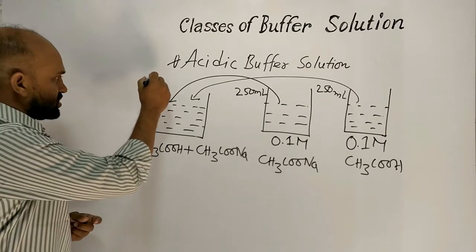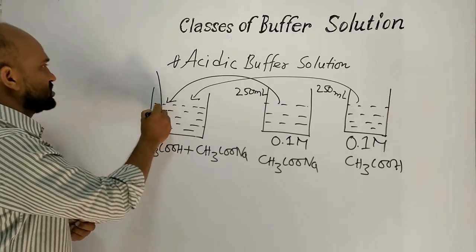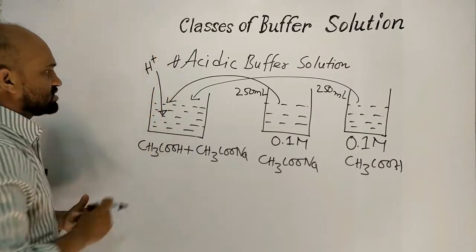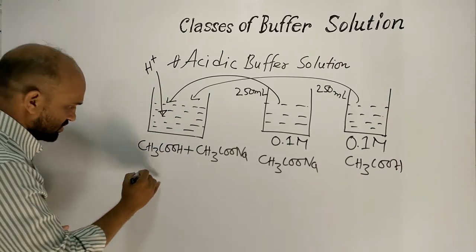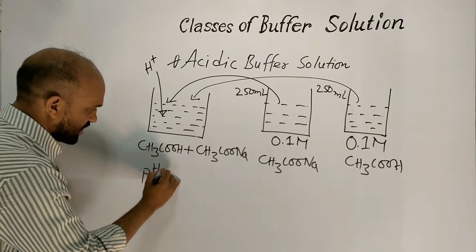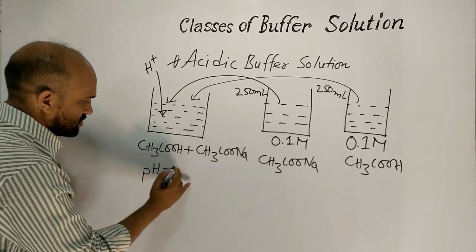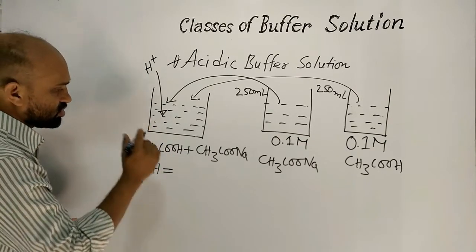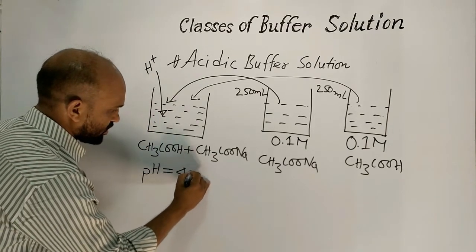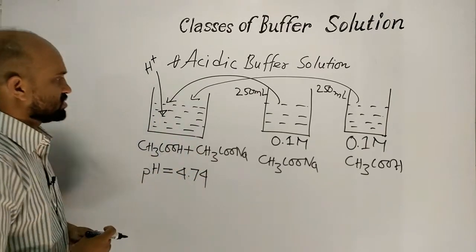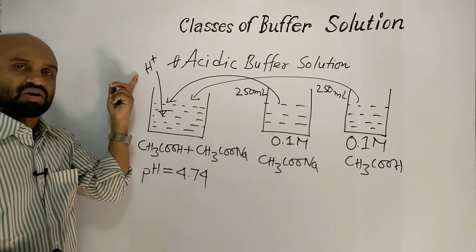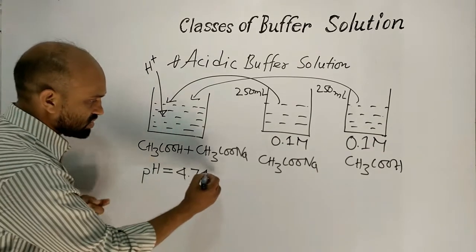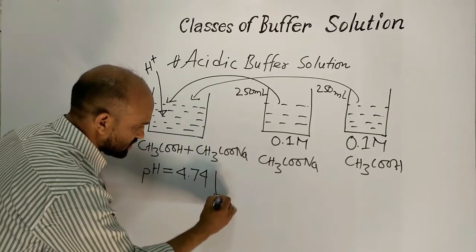When in this solution a small amount of strong acid is added, then the pH value, suppose the pH value of this solution is 4.74. After the addition of a small amount of acid, the pH value is supposed to decrease.